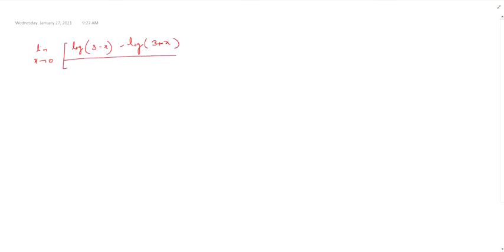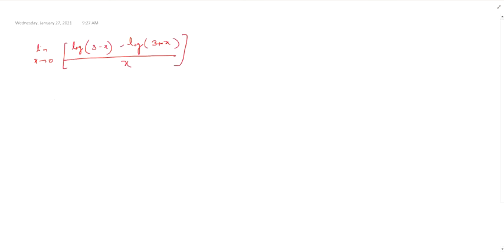That example is here, involving the logarithmic term: limit x tends to 0 of [log of (3 minus x) minus log of (3 plus x)] upon x, isn't it?